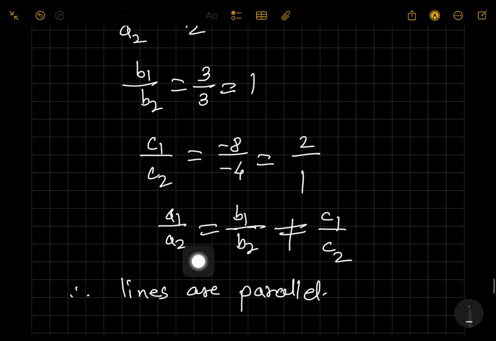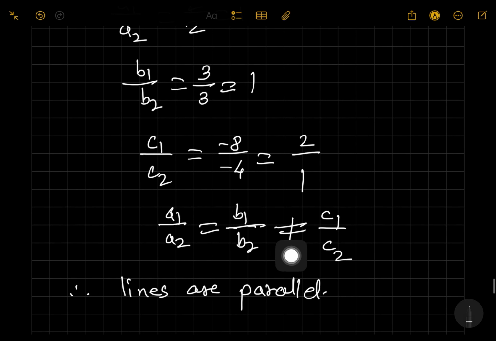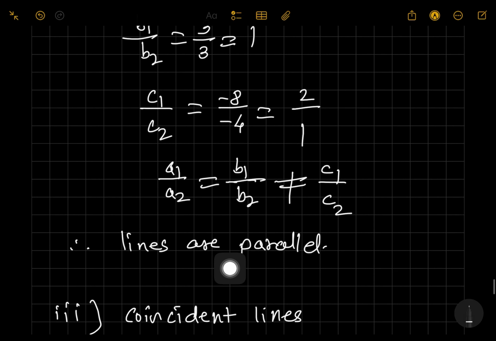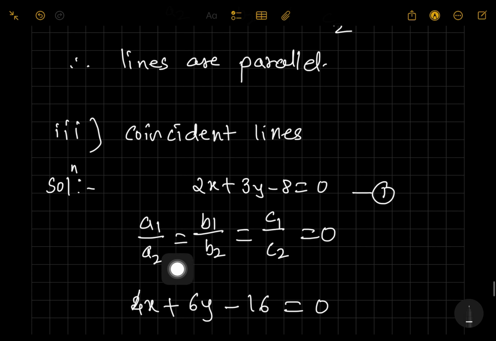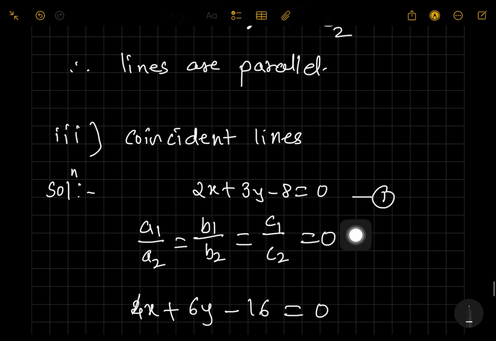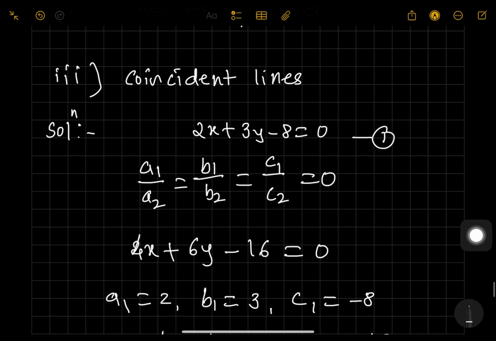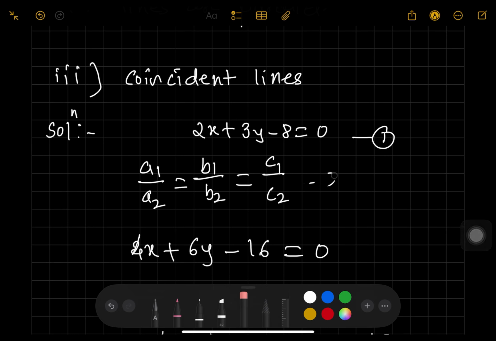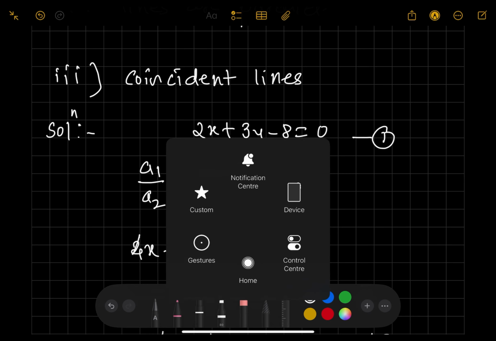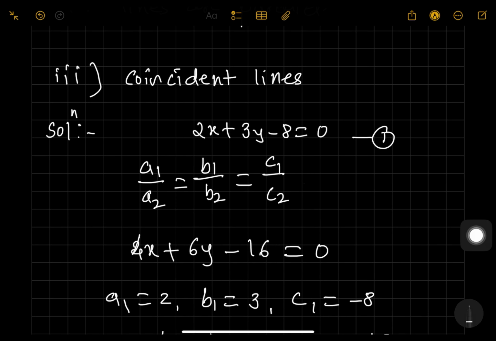This is a1 upon a2 equal to b1 upon b2 not equal to c1 upon c2, which means these lines are parallel. Now coincident lines: when the lines are coincident, the ratios should all be the same. Here a1 upon a2 equal to b1 upon b2 equal to c1 upon c2.